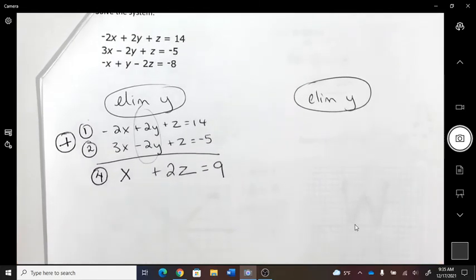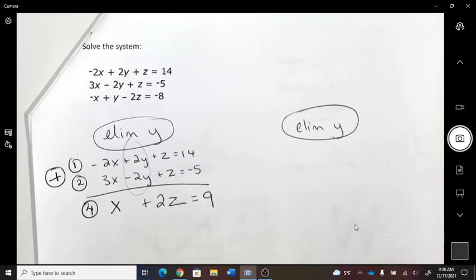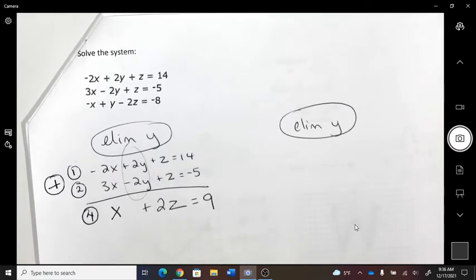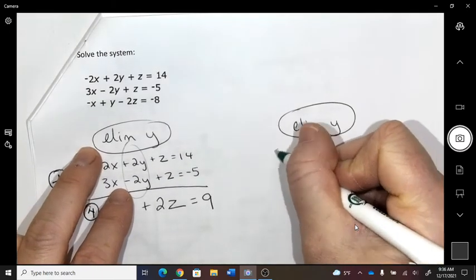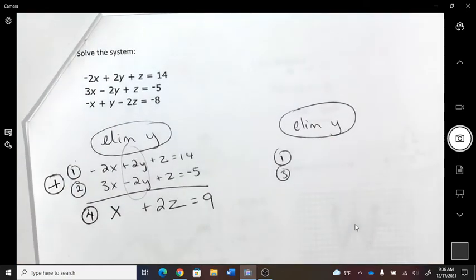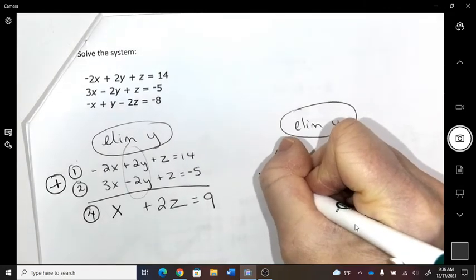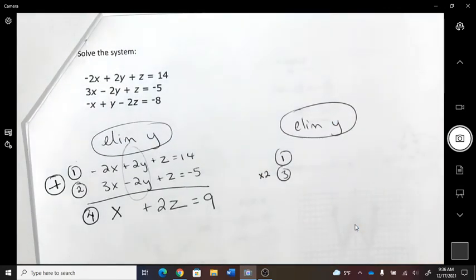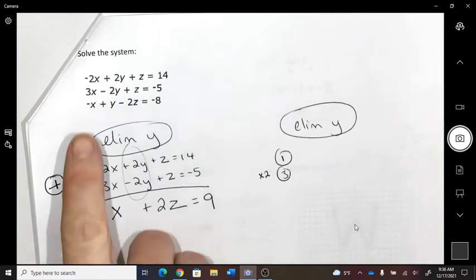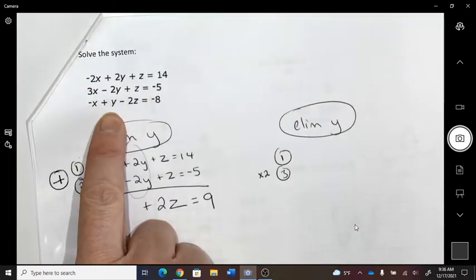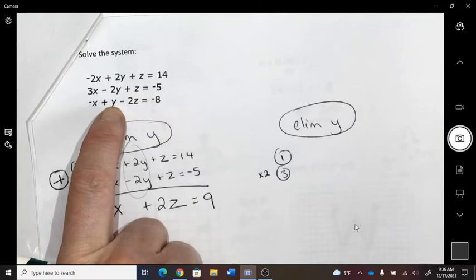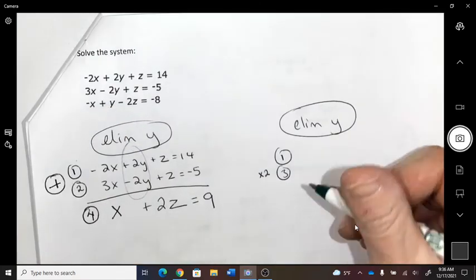We're going to repeat, but we can't use 1 and 2. So what do you want to do? 1 and 3 or 2 and 3? Those are your other options. So I'm going to go with 1 and 3. But I'm going to times that by 2 so that I'm going to set up a 2y on it. I'm going to times it by 2 to match the other 2y.